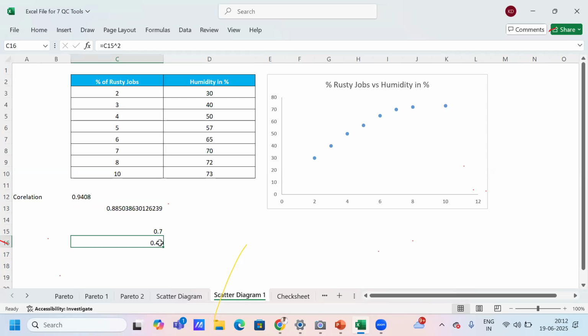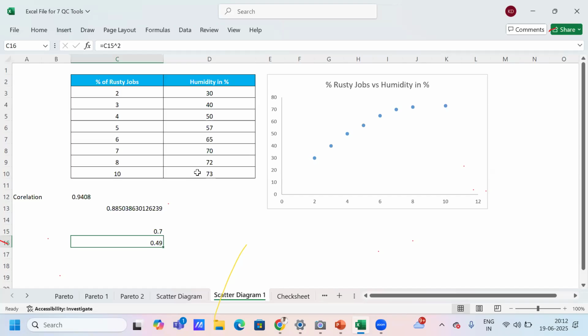I can predict that humidity is contributing 50%, or 49%, to the rusty jobs, and other factors are 50%. I need to check those factors, but I can tell that if I make a square of this R value, I get R square. It means the reason for the percentage of rusty jobs, 50% is the humidity. Clear?